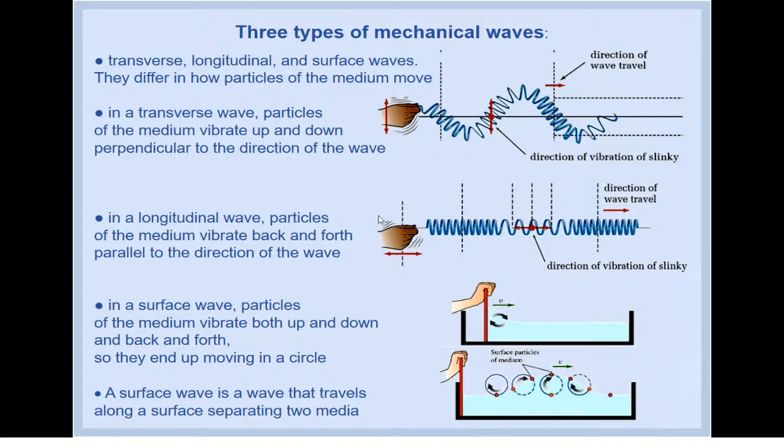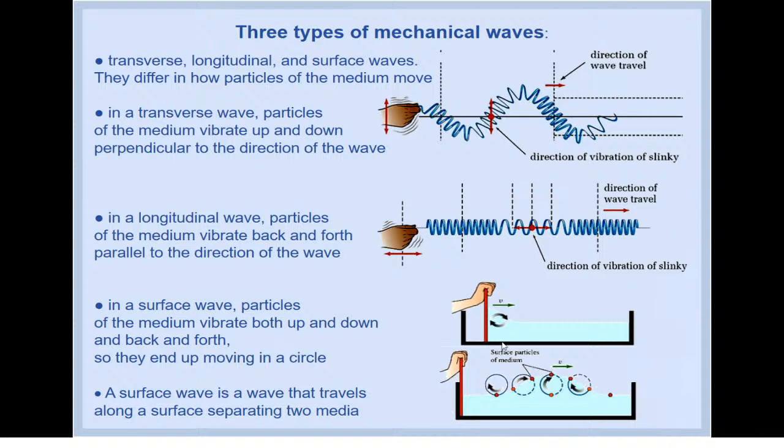Just longitudinal waves are useful to be applied for investigation. A little bit later, you'll see how it is done. In a surface wave, particles of the medium vibrate both up and down and back and forth. So they end up moving in a circle.